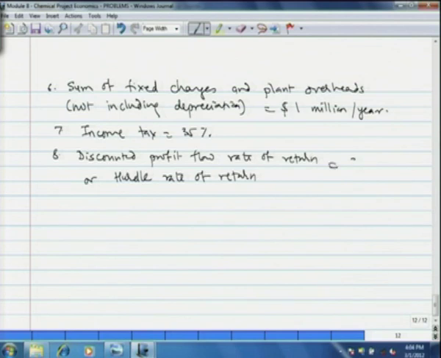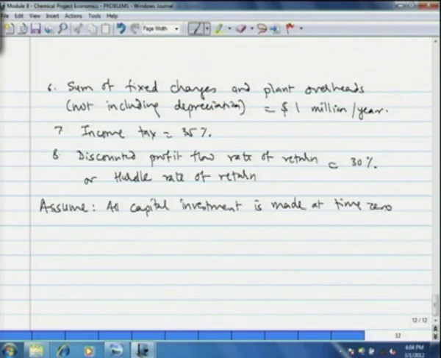is 30%. We assume that all capital investment is made at time 0 when the production starts, and the plant life is 10 years.